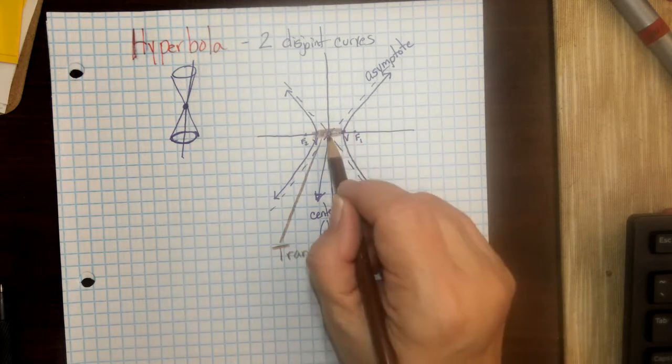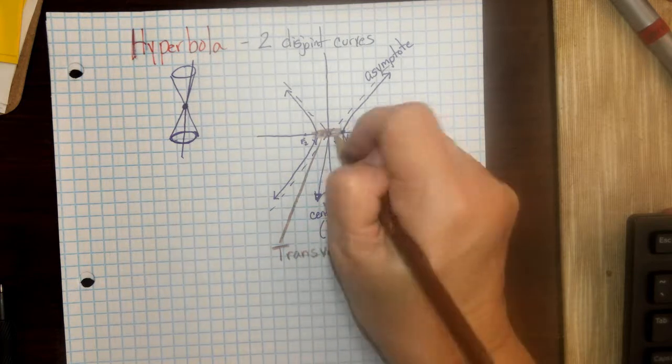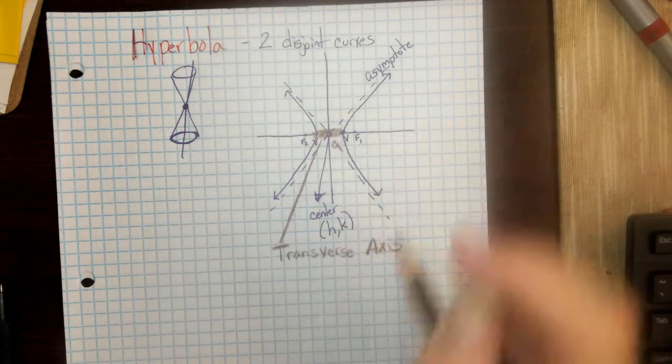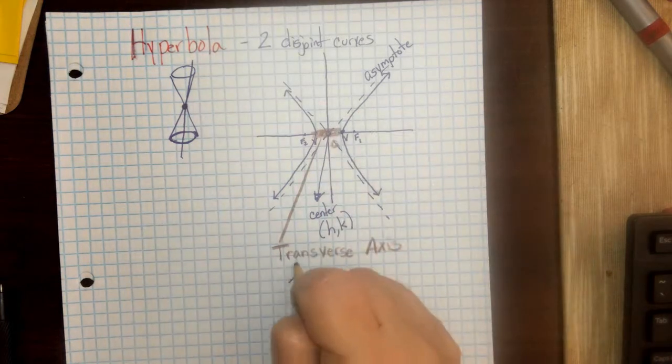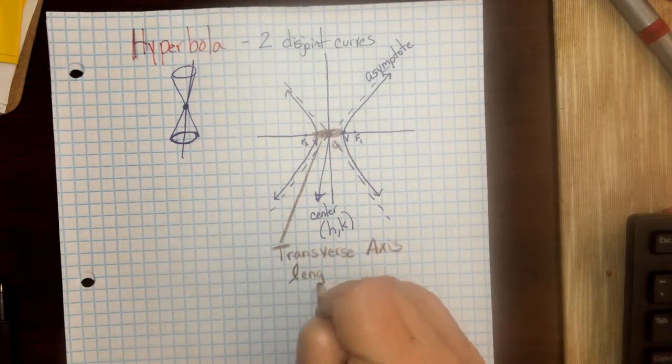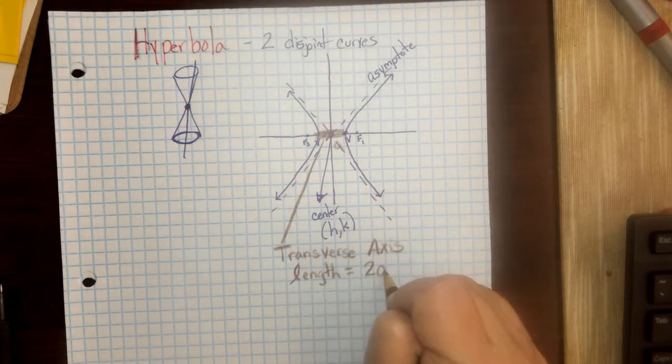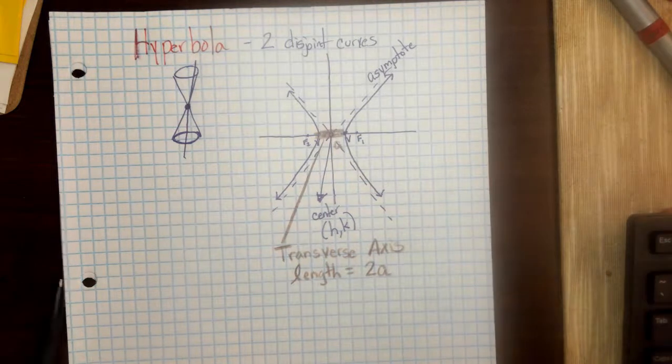Now, the distance from the center to the vertex is a, just like it was on the ellipse. So the length of a transverse axis is going to equal 2a.